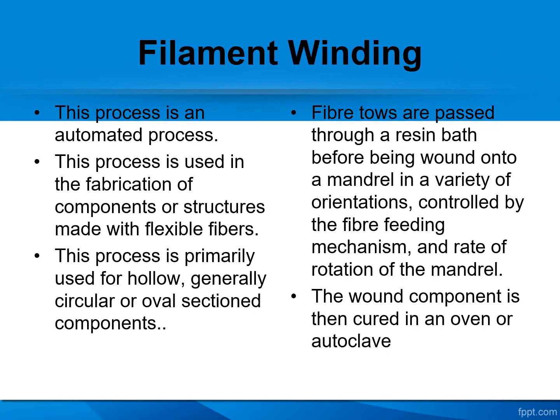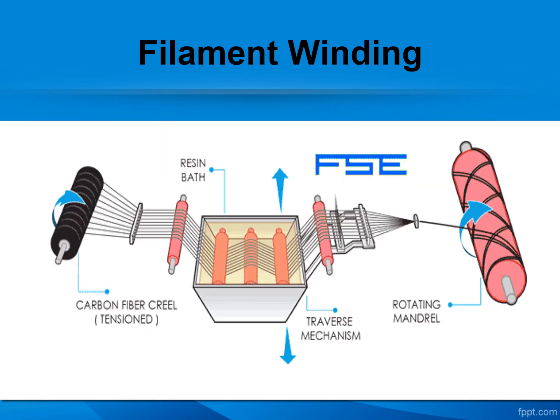Okay, so filament winding process. The filament winding process is actually an automated process. It is used to manufacture hollow pipes. You can see very clearly the carbon fiber creel here. From the carbon fiber creel, the fibers are allowed to pass through the resin bath.